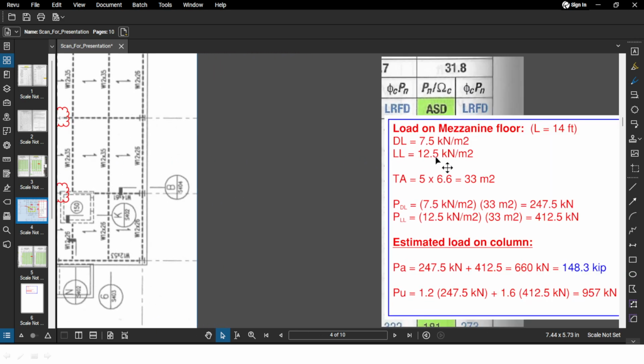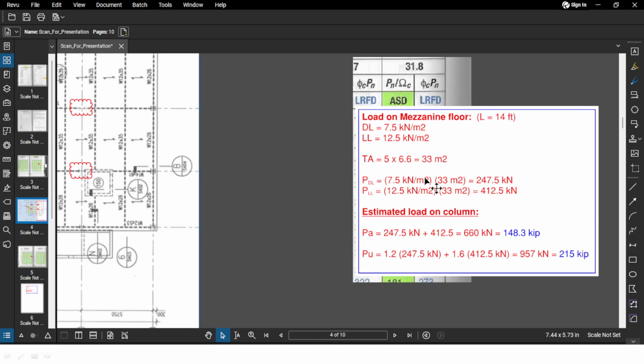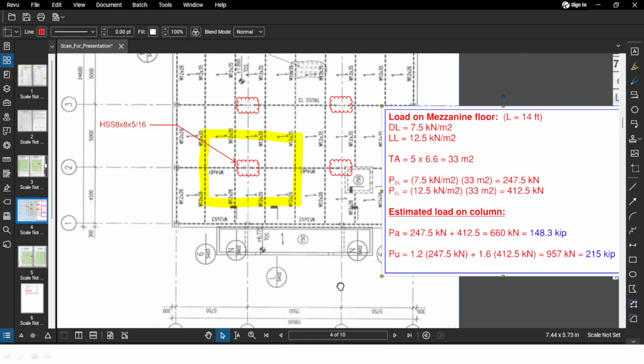Then you need to determine the tributary area. The tributary area here is 5 by 6.6 meter.